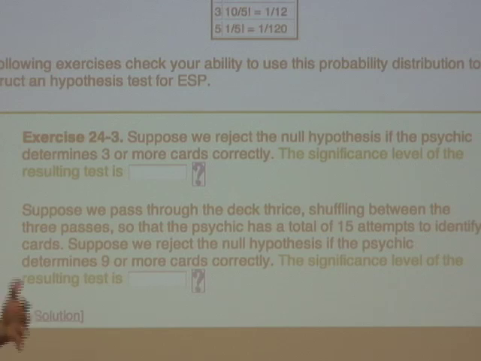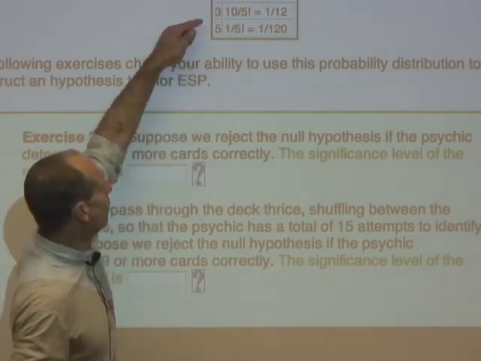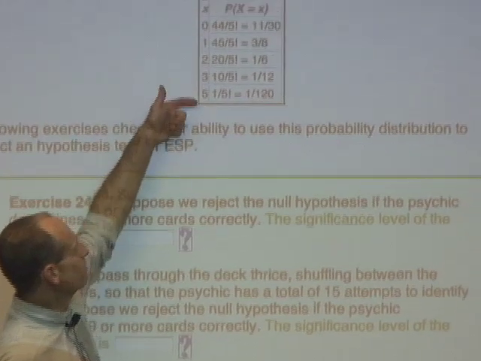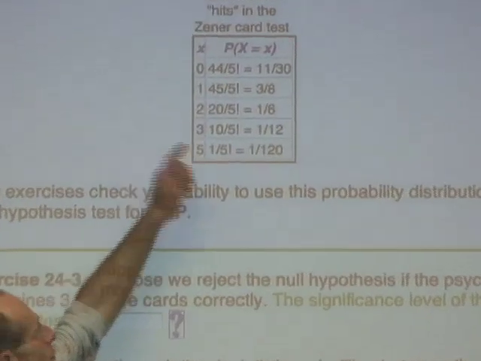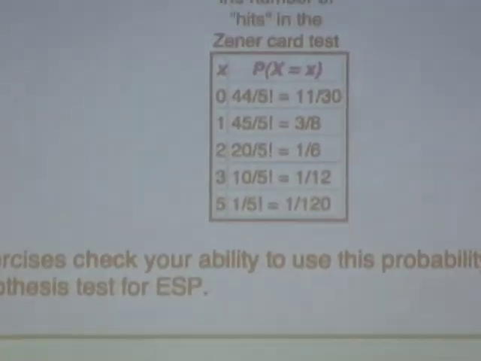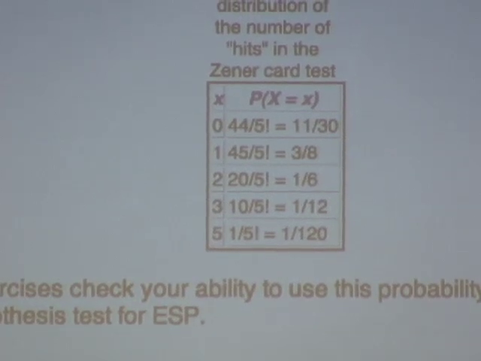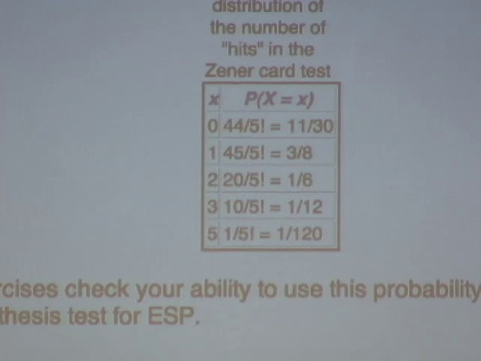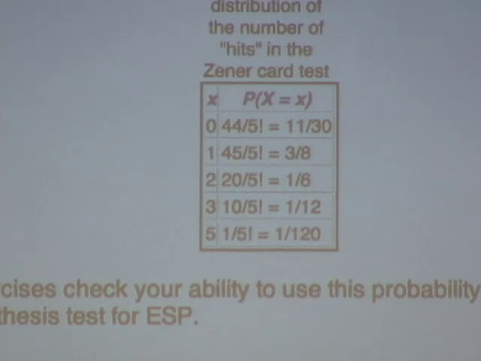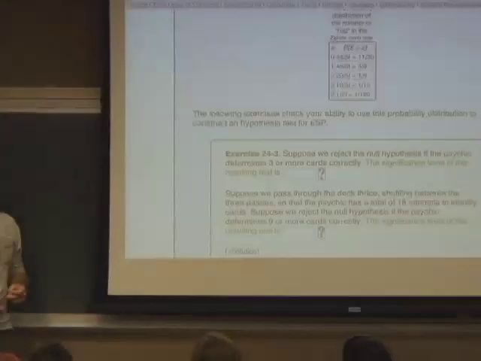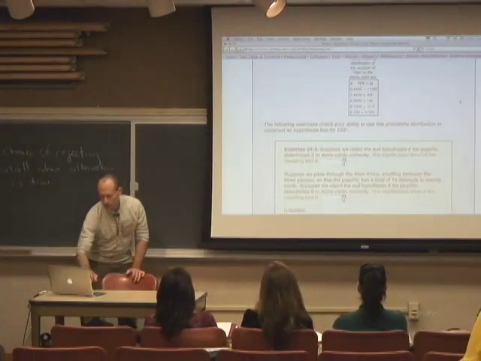The probability of getting 3 or more is the probability of getting 3 plus the probability of getting 5. So it's a 12th plus 120th. Yeah, 11 over 120. So just slightly less than 10%.